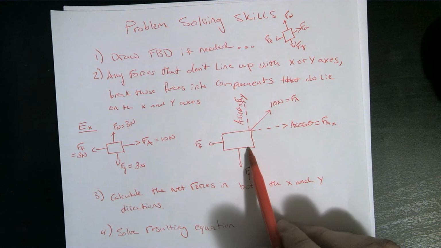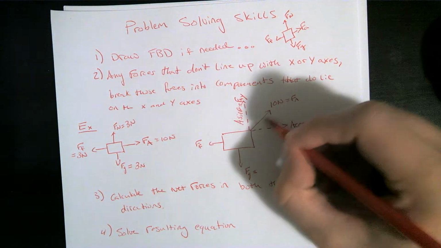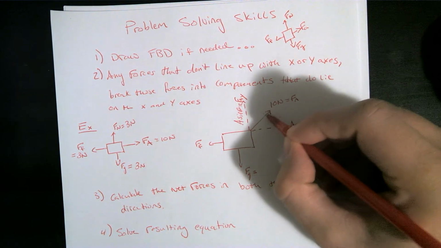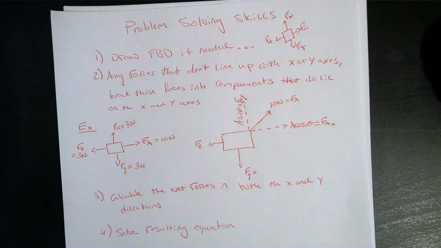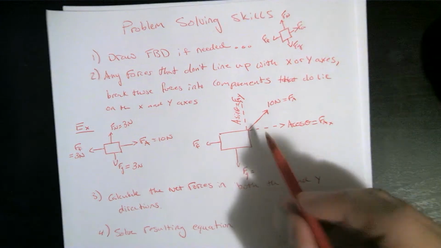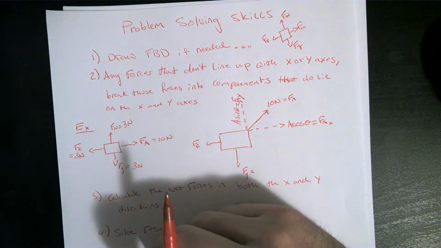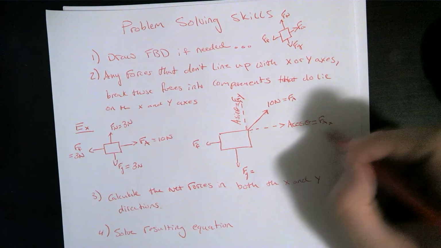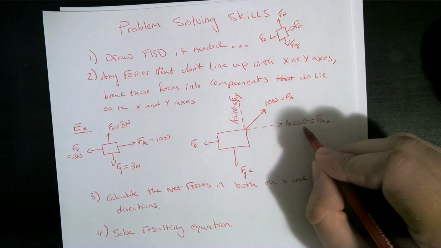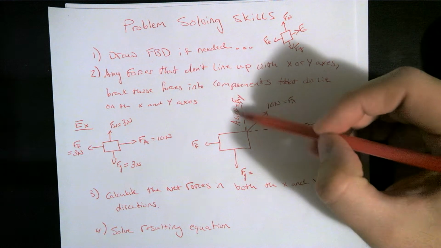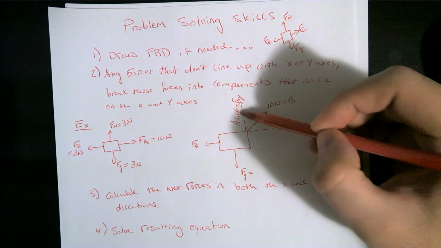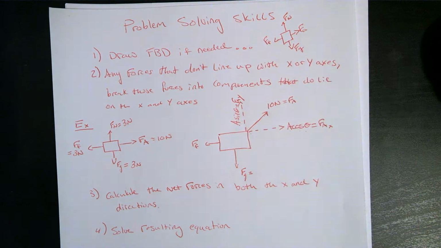But if we have some 10 newtons of force pulling, and it's not exactly going in the x or the y direction, just like angled projectiles, we have to find the x component and the y component of the force. To solve for the force in the x direction, you do cosine theta. To solve for the force in the y direction, you do sine theta. Then you can go about solving your problem.